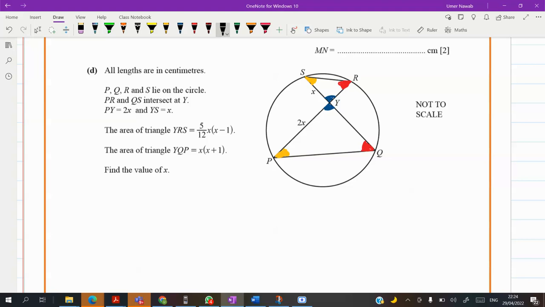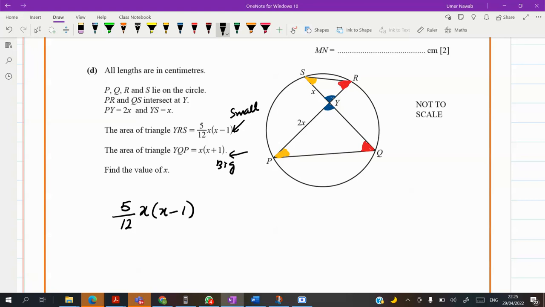Do the comparison. The areas: one area is 5 over 12 times x minus 1. The second triangle which is given to me, YRS, this is the small triangle, and this is the big triangle.